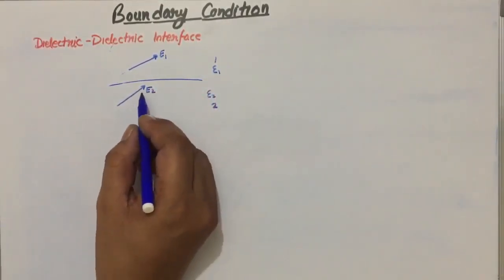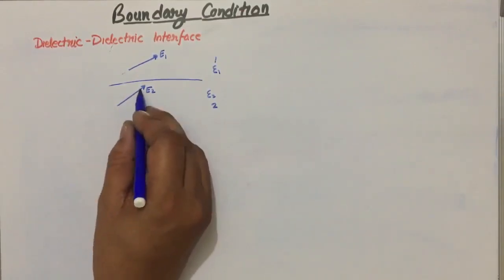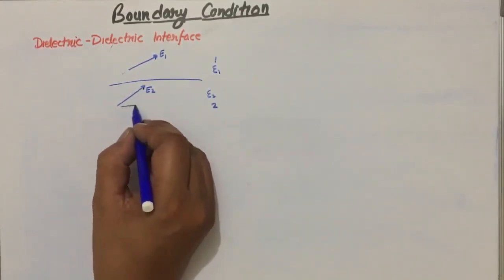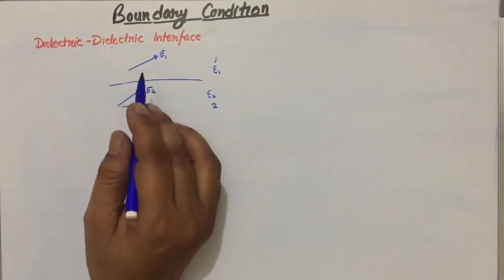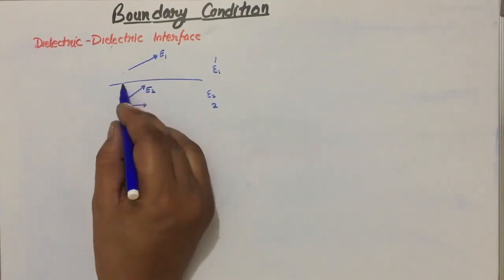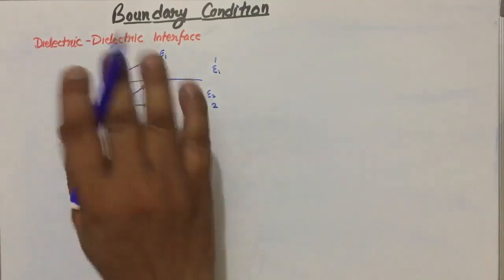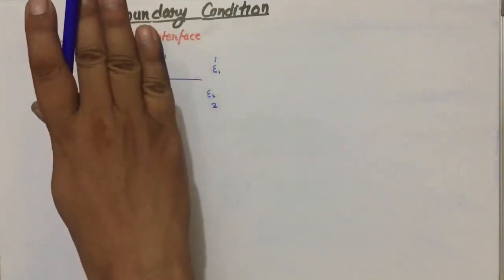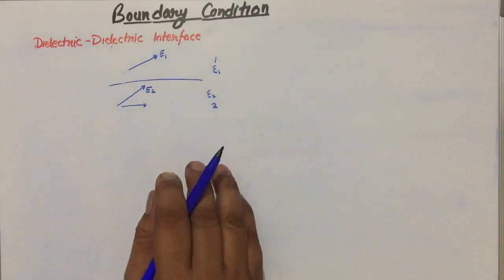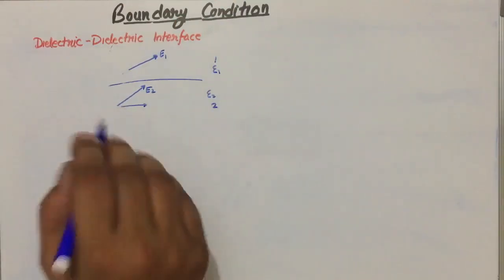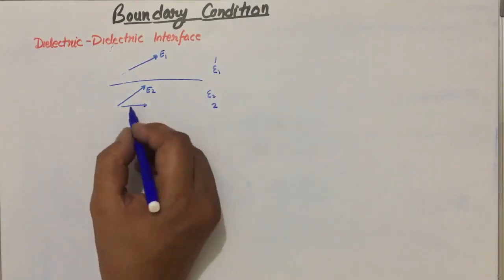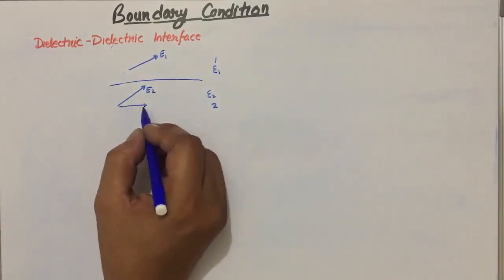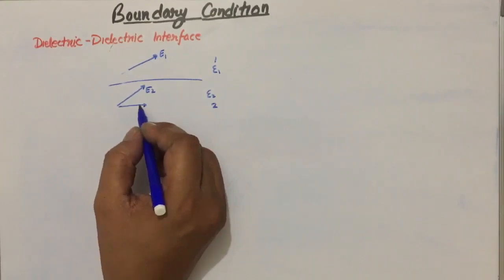There will be two components. One component will be parallel to the boundary, or we can say tangential to the boundary. Any circle, plane or line, the surface that is normal from the tangent to the surface is known as tangential. So if we try to match, we find this is similar to that.